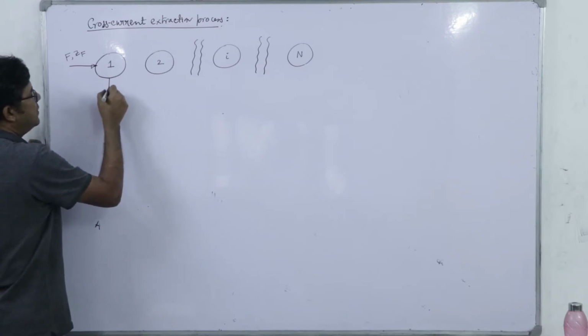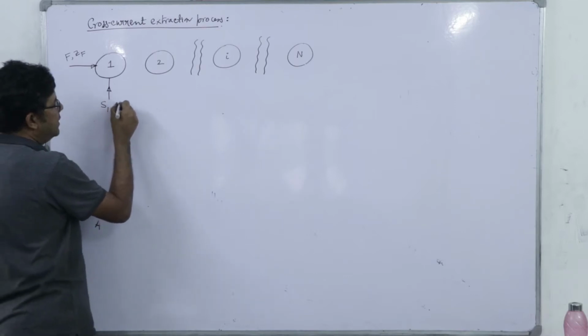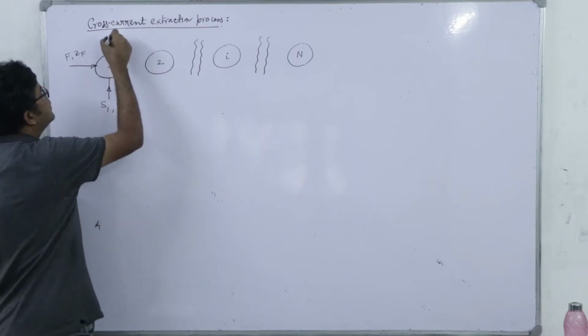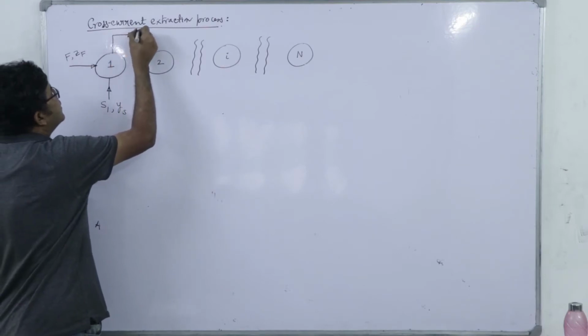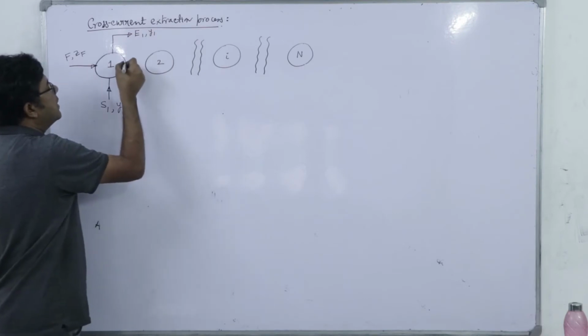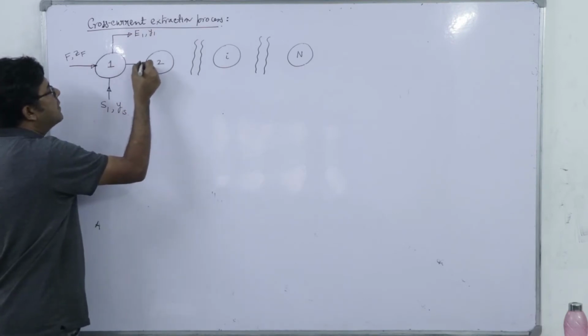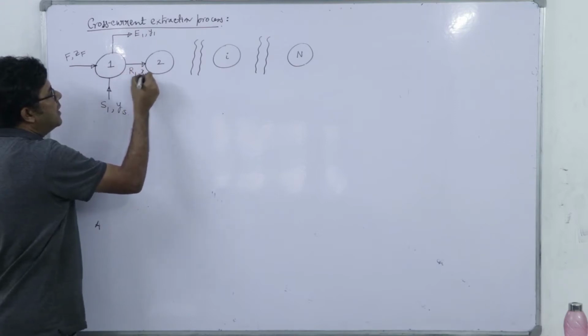In the first stage we are adding solvent at a rate S1 and its composition is YS, taking out the extract, which has flow rate E1 and composition Y1, and feeding the raffinate as a feed to the next stage.